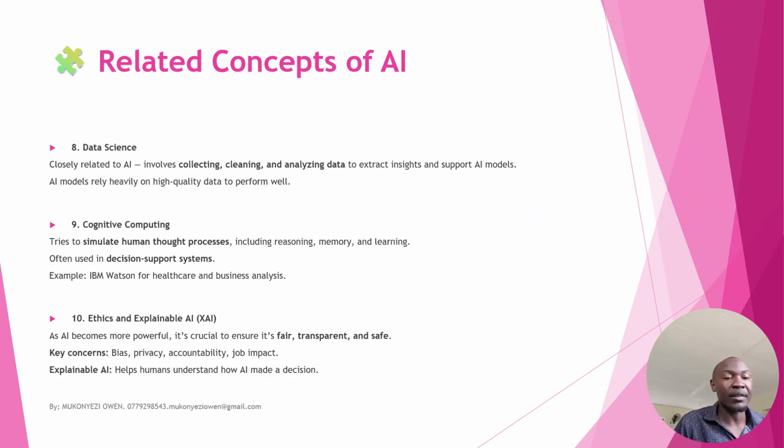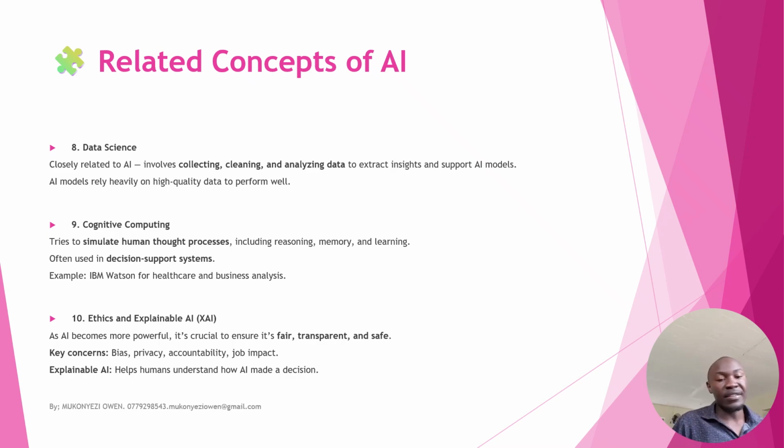Then we have other related concepts: data science, which involves collecting, cleaning, and analyzing data to extract insights and support AI models. We have cognitive computing, which tries to simulate human thought processes, including reasoning, memory, and learning. It is often used in decision support systems.